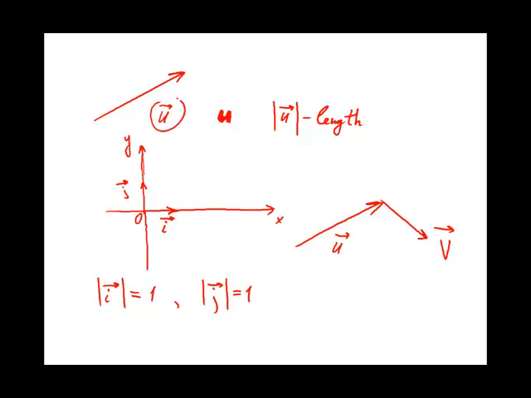That's the same vector u. At the end of the vector u, here at this point, you attach the vector v. At this point, the vector v starts, and you draw your vector v.